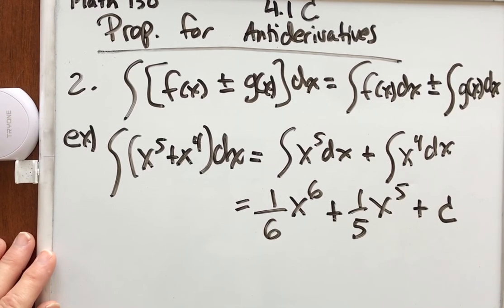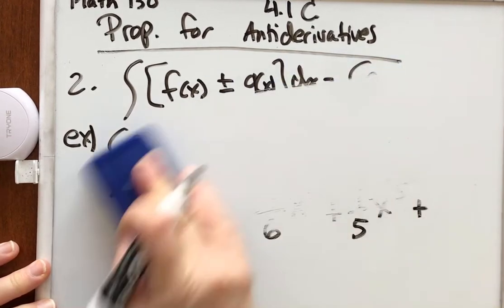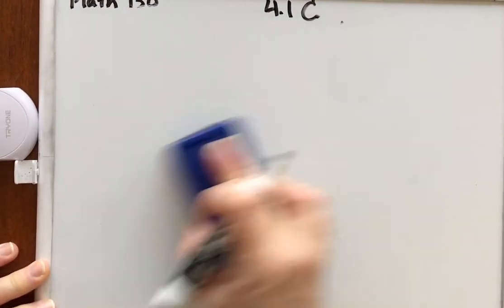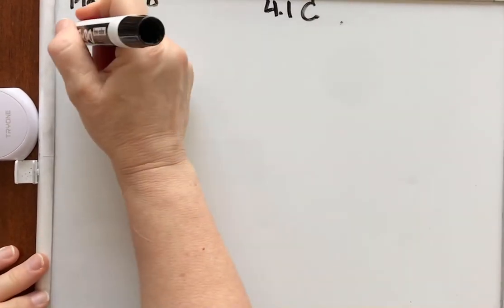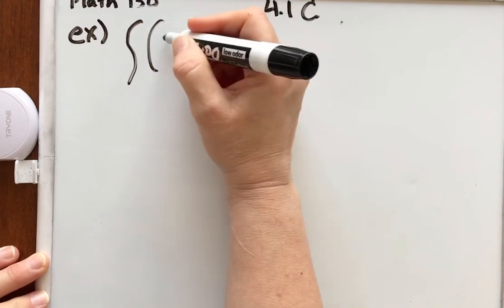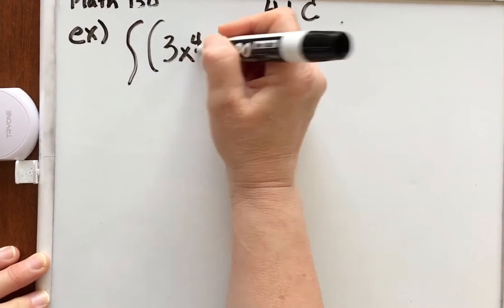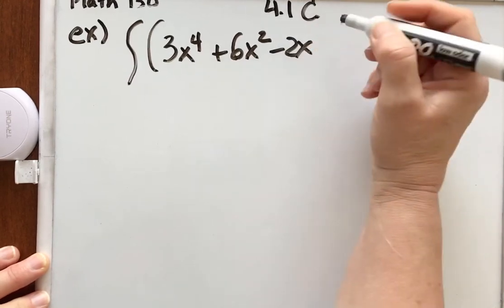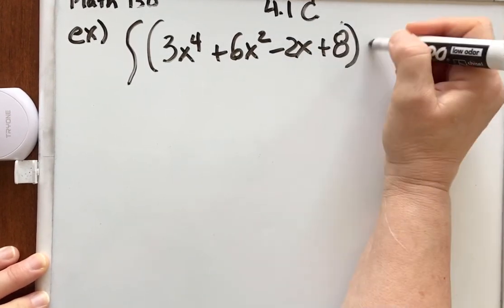Okay, so let's do an example of this. A little bit more complicated. Okay, not too bad though. So we're going to integrate all of this. 3x to the 4th plus 6x squared minus 2x plus 8 dx.